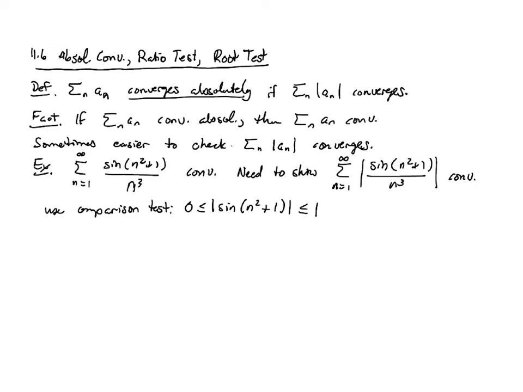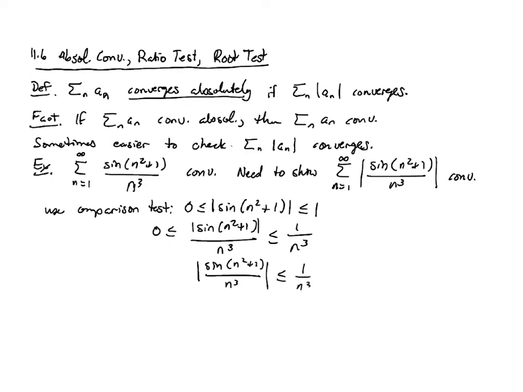So when I divide by n cubed, I know that the absolute value of sine of n squared plus 1 over n cubed is less than or equal to 1 over n cubed, and it's also greater than or equal to 0.